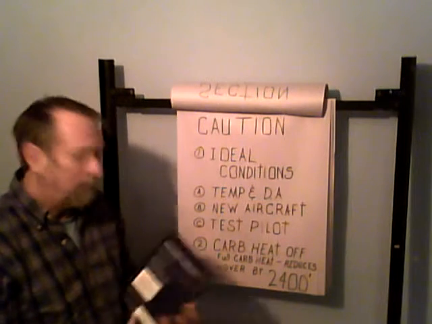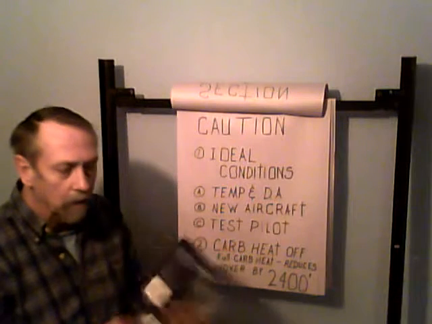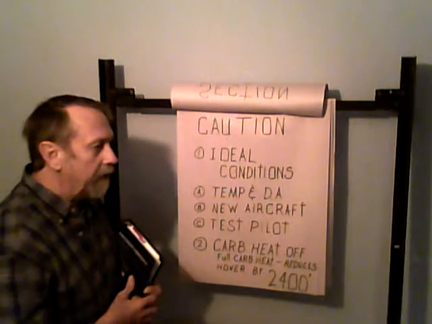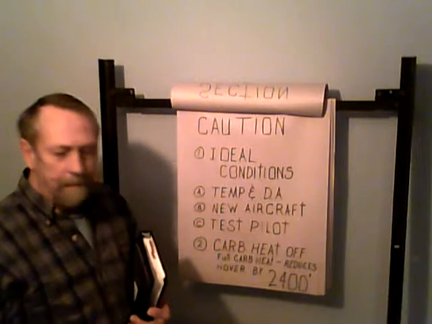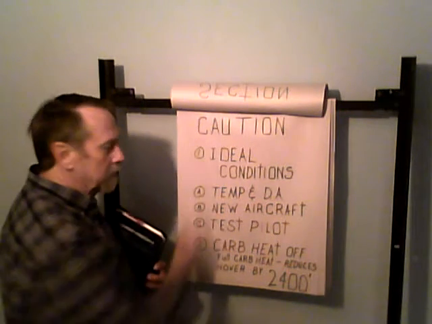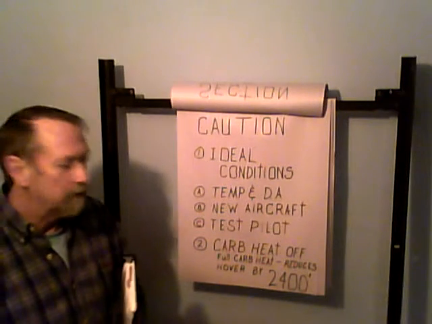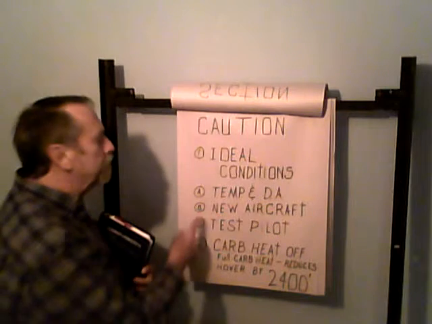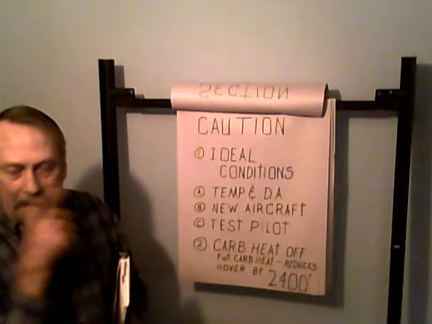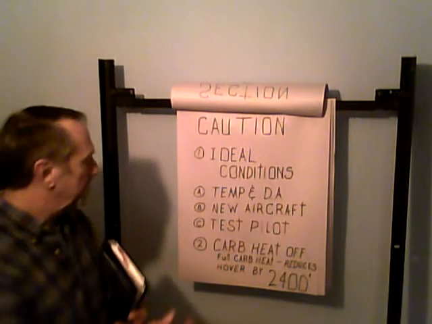These POHs were developed for the rules and regulations involved with the FAA, and so they want to put their best foot forward with their data. So they use ideal, perfect temperature and density altitude situations. They have new helicopters, new engines, the best performance that they could possibly have.